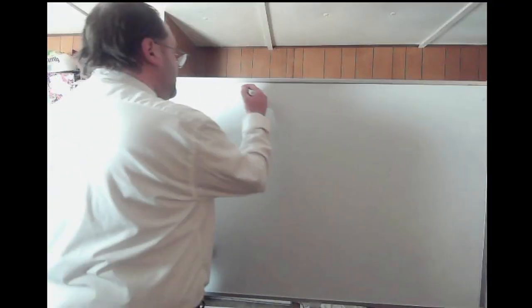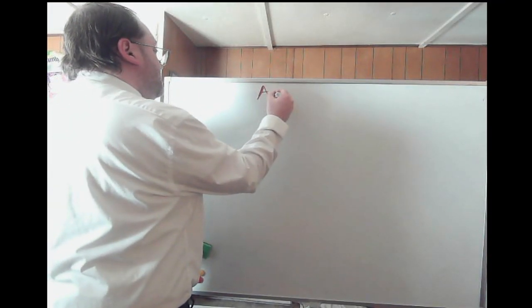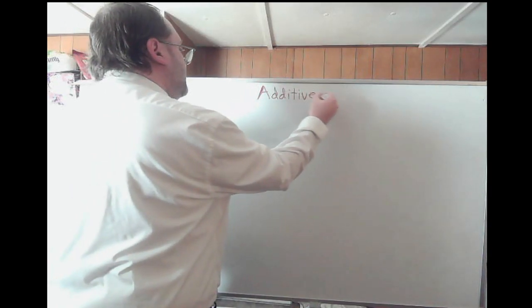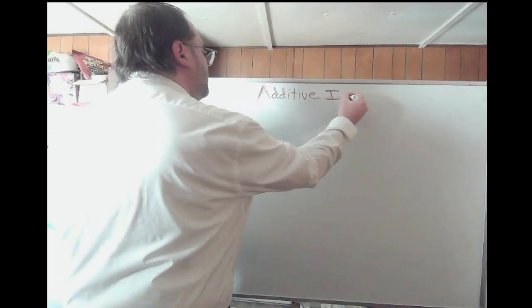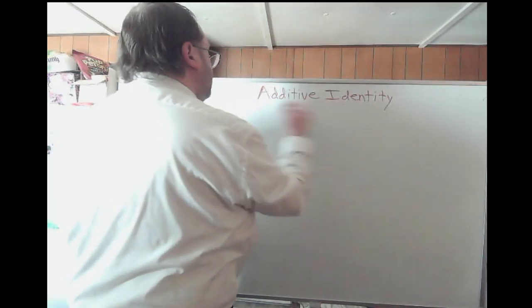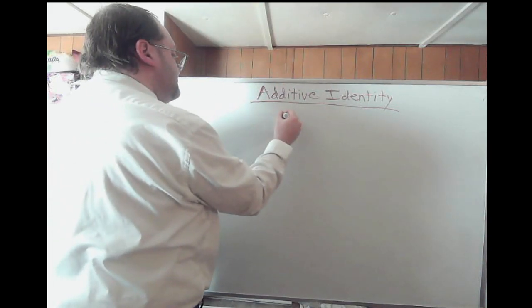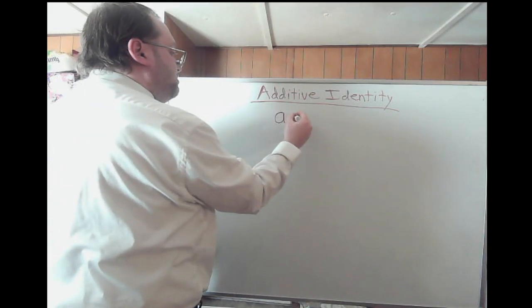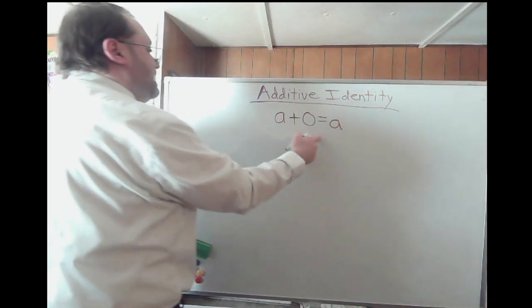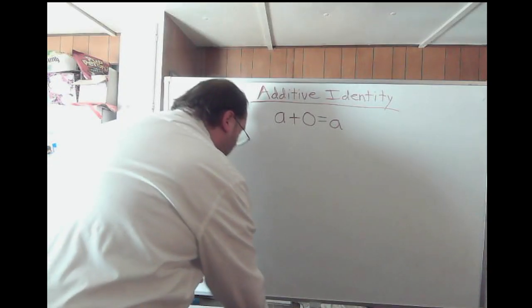We have what is called the additive identity. We have the additive identity, which states that some arbitrary number, a, plus 0 will give you back that number a. We've covered this in basic, but just a real quick review.